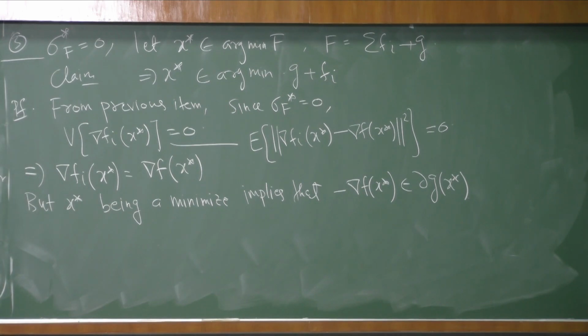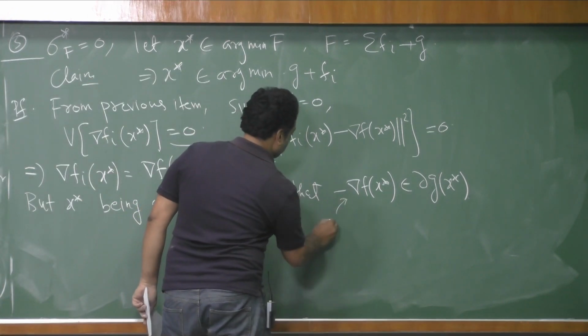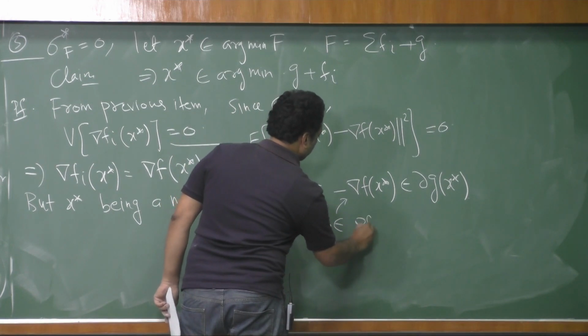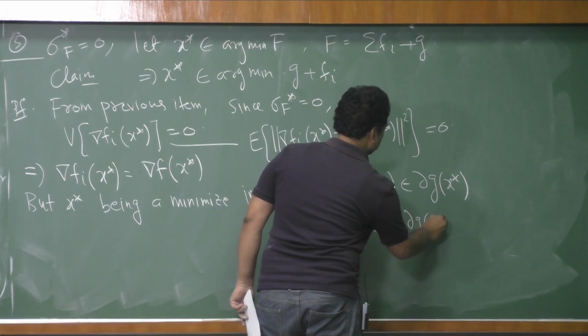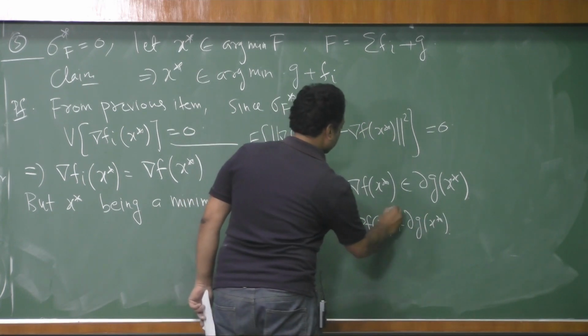This is a consequence of Fermat's theorem, basically, that 0 is in grad f star plus this subdifferential.